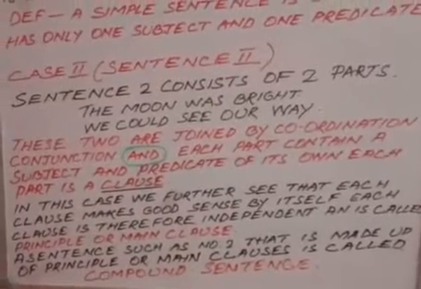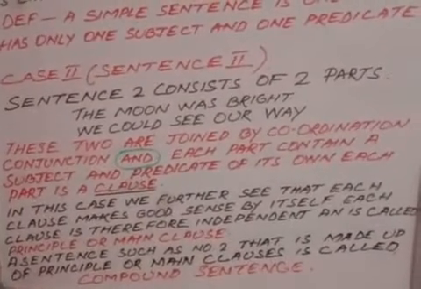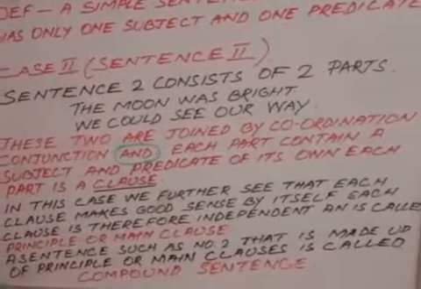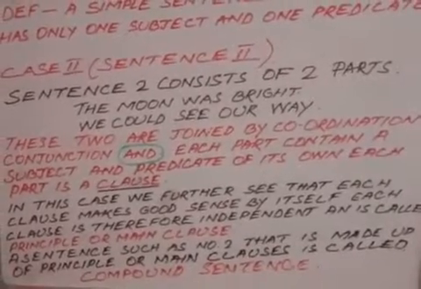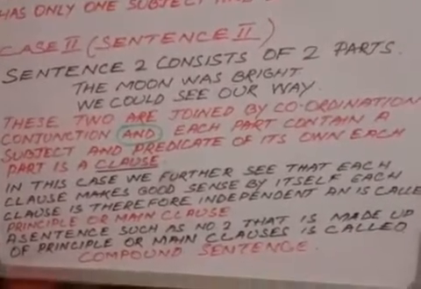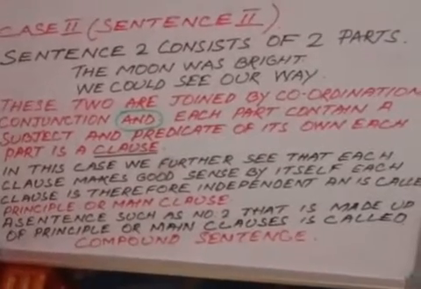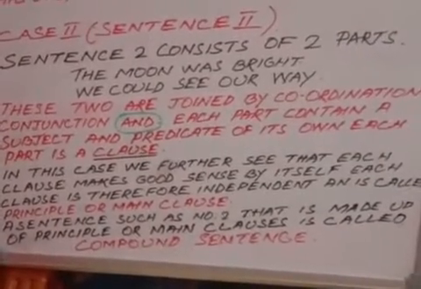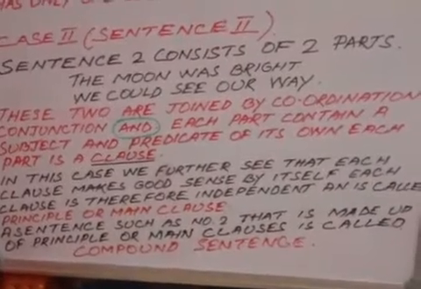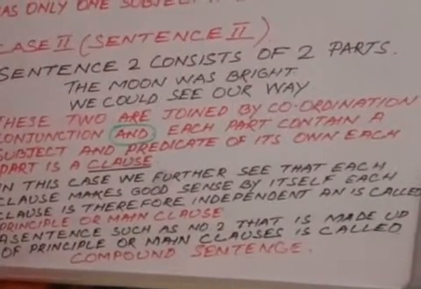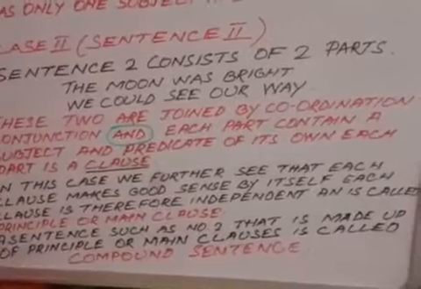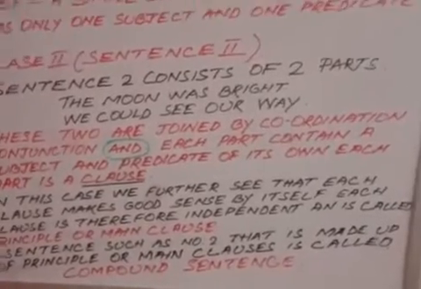Each clause therefore is independent and is called a principal or main clause. A sentence such as number 2 that is made up of multiple main clauses is called a compound sentence.